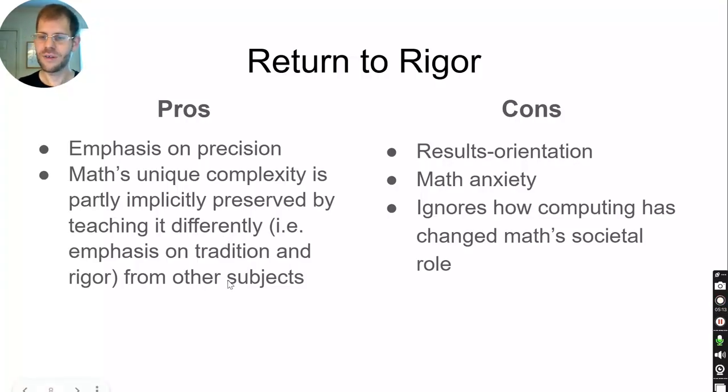So the electrical system is complex, and it's very hard to isolate exactly where the problem is. And so teaching math differently from other subjects, saying that with math we've got to teach it in this old school way, I think implicitly communicates that difference that math has from other subjects.